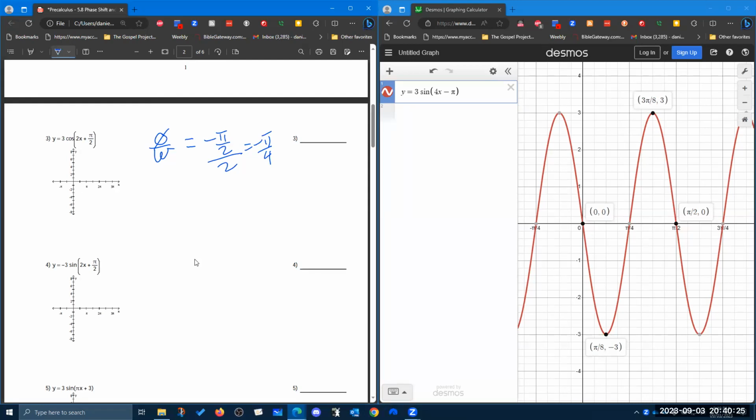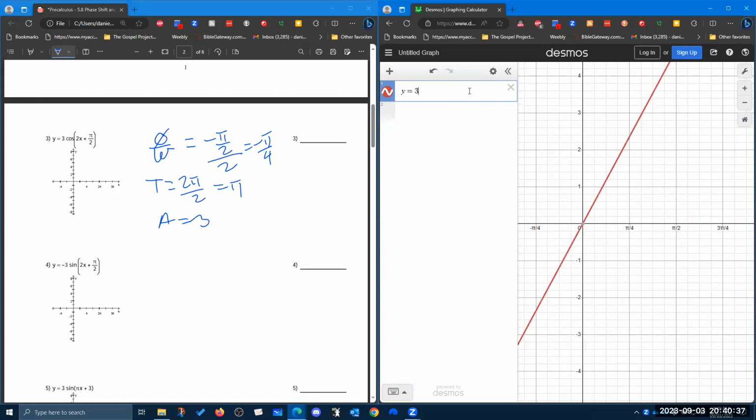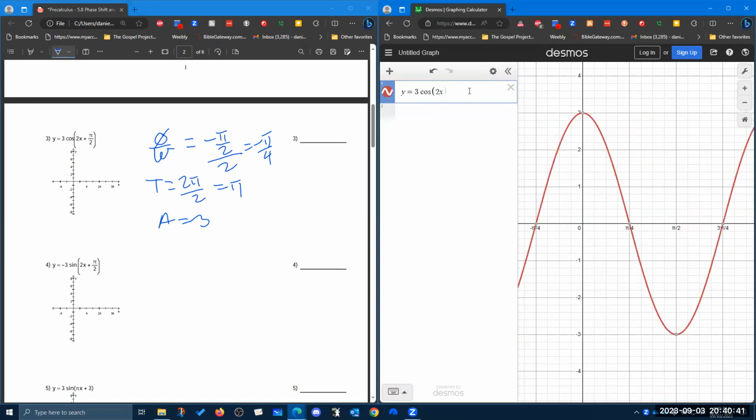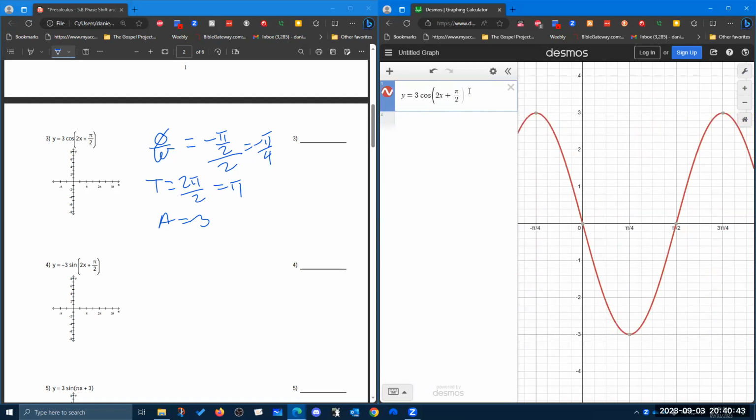And then my period is 2 pi over 2, which is pi, and my amplitude is 3. So let's graph that. You'll see that cosine of 2x plus pi over 2. And again, we only need one period.